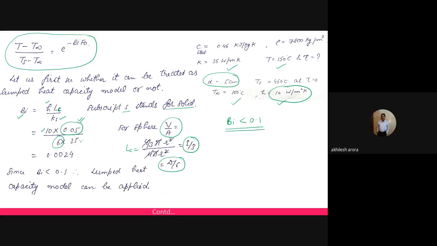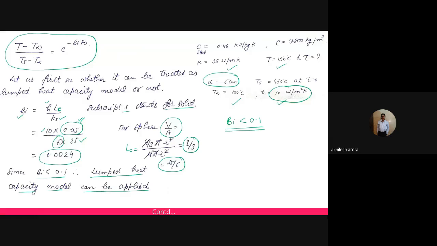And this is the value of the thermal conductivity. When we calculate, the value of the Biot number comes out to be 0.0024. So naturally you can see this value of the Biot number is less than 0.1. Therefore we can say that the lumped heat capacity model can be applied to it. That is the first step while we are calculating the time required.